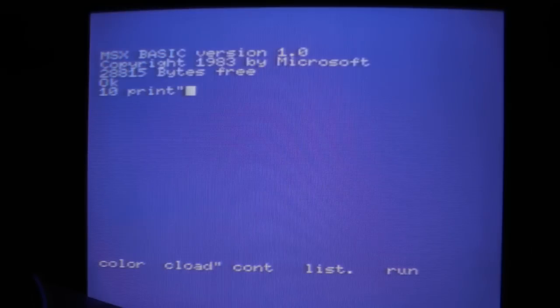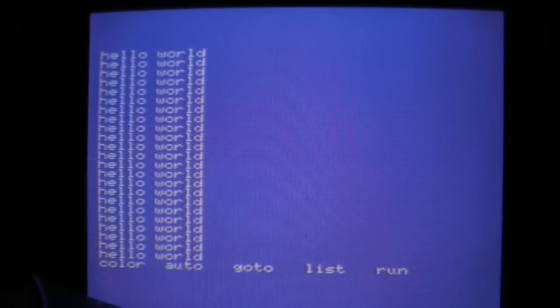But the keyboard is excellent on this machine. So yeah.